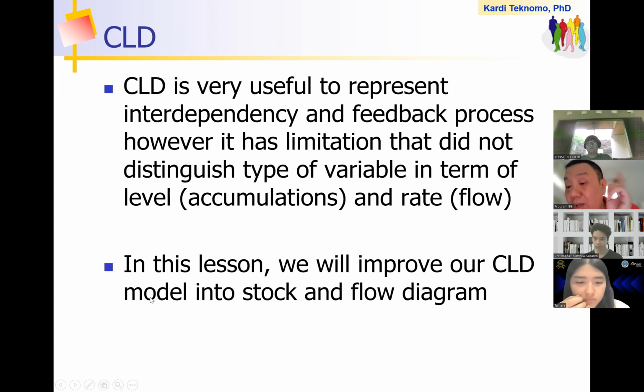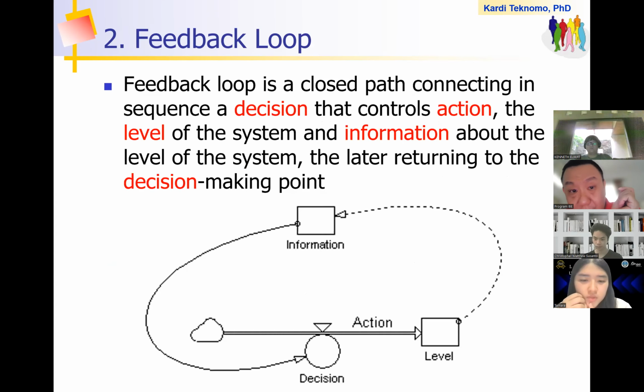which is called stock flow diagram. Again, we still use the same thing, a feedback loop. But now you start to distinguish the state from the rate. The change is called the rate. The state we call the level.